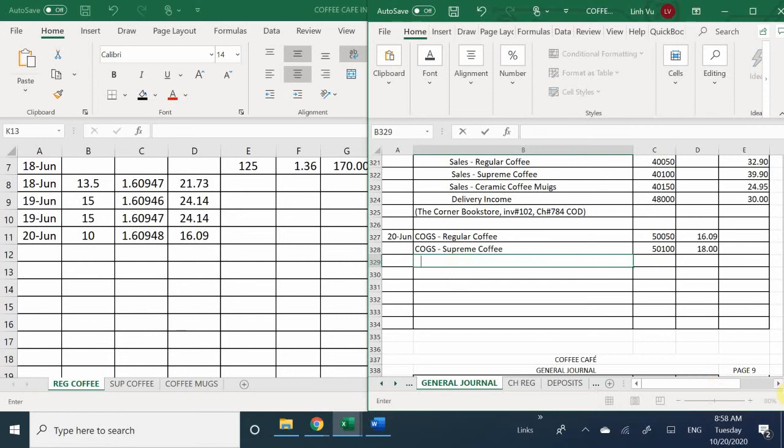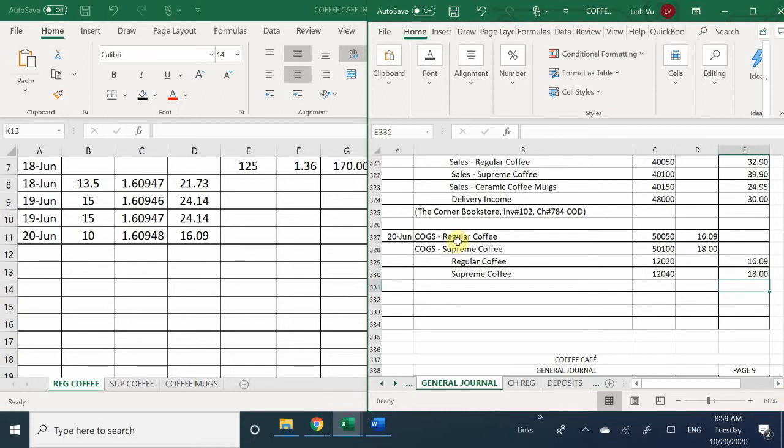Regular coffee, from inventory, yes. So regular coffee and supreme coffee. Okay, and that should be 12.20 and 12.040. And you're going to take it out for the same exact amount. So $16.09 and $18 even.